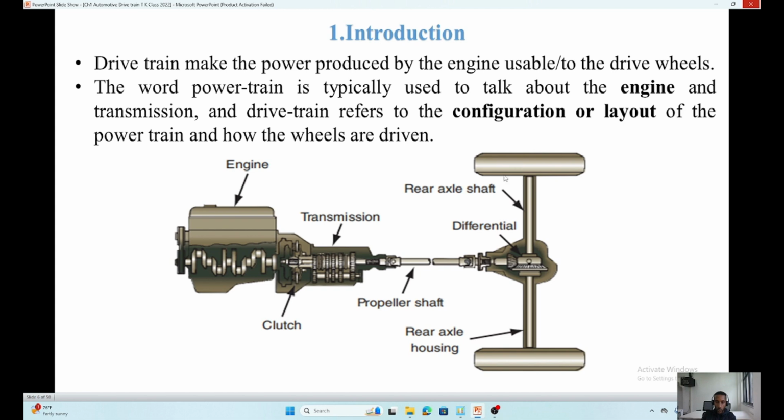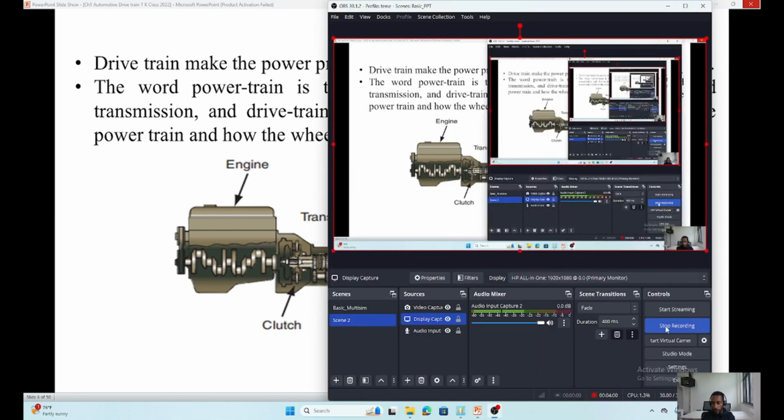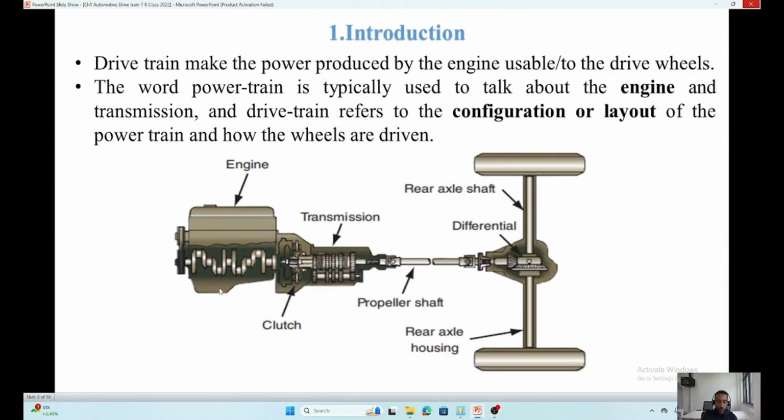To help with this condition, there must be some components: the transmission, the clutch, the propeller shaft, the drivetrain, and the differential. If you observe these parts, the availability of these drivetrain components is mandatory to transfer the power generated from the source to the wheel, the area where it can be useful.